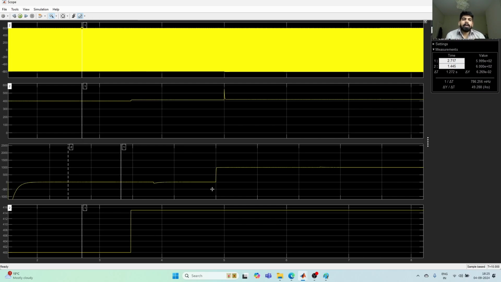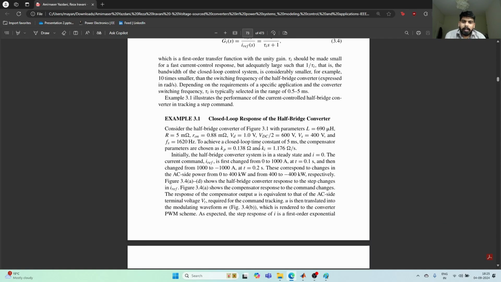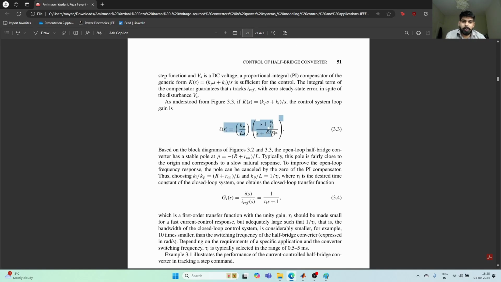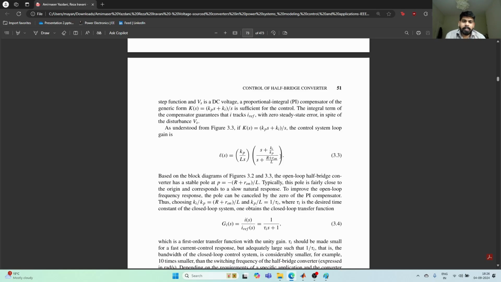But what if I don't have the KP and KI values? For that, they already mentioned in the example that for a closed loop time constant of 5 milliseconds, they decided on the value of KP and KI, and how these KP and KI could be derived is from this equation. So what it says is, when you see the closed loop gain of the whole system, then you'll find this equation, right? This is the gain of the whole control system.